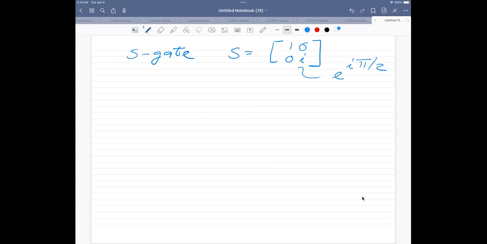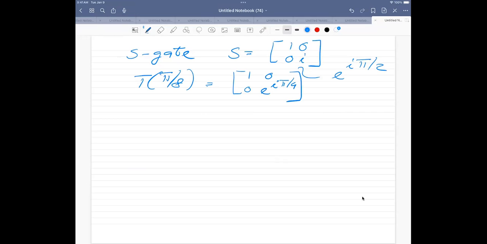There are other famous gates. There's something which is called the pi divided by 8 gate, or just a T gate, and that is given by a rotation around the z-axis of 45 degrees. So this is 1, 0, 0, and e to the i pi divided by 4.